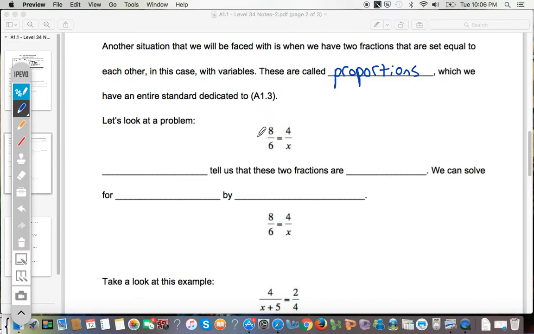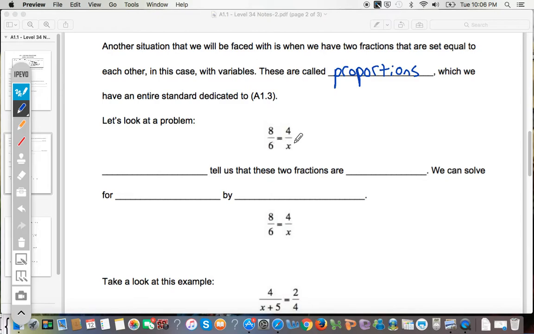So let's look at a problem. Right here I have two fractions that are set equal to each other with one variable. So 8 over 6 equals 4 over some value. So how do we solve these?